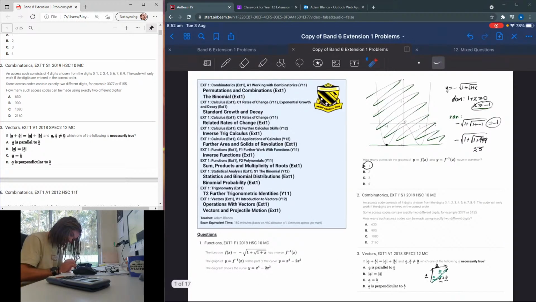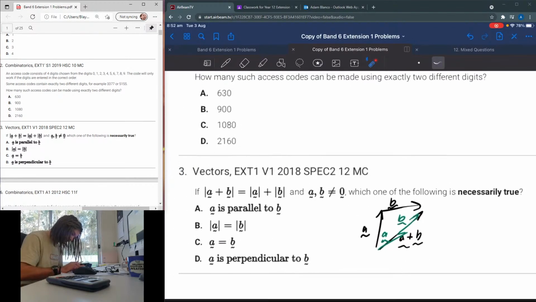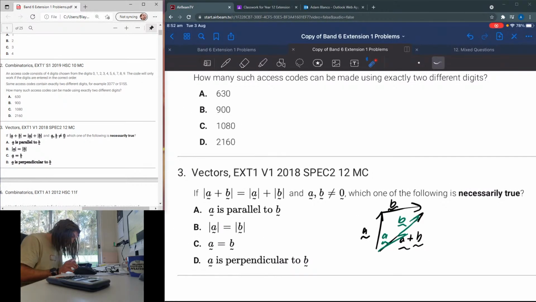There's a lot to talk about in a band 6 multiple choice question. I still think this is so easy. You just look at it and be like, oh, it's that. You'd spend 1 second on it because of Pythagoras.